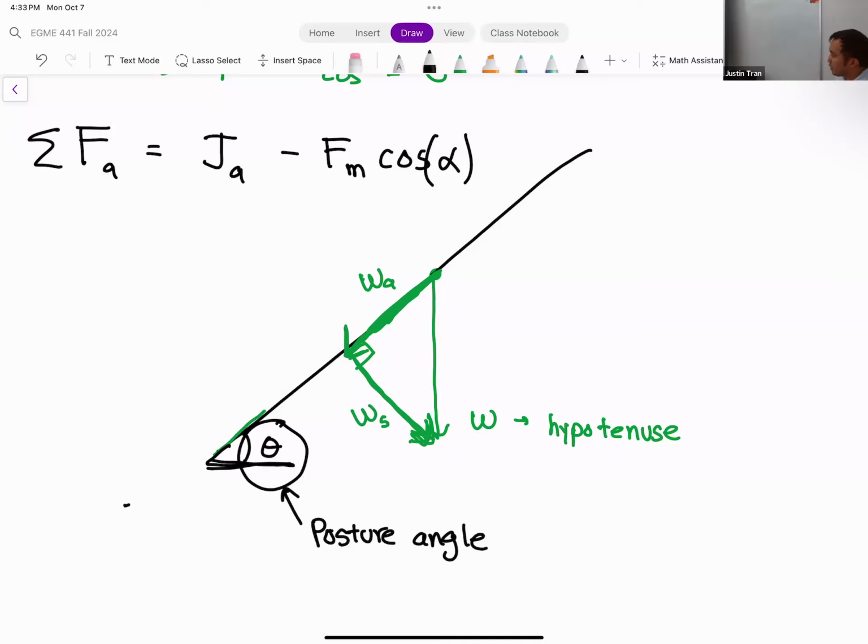Now you need to do a little bit of visualizing in terms of where that angle is. Considering that this is the rotation from horizontal to the posture of the spine, this angle is actually the same as this angle right here. How I got that is, you have to shift your perspective.